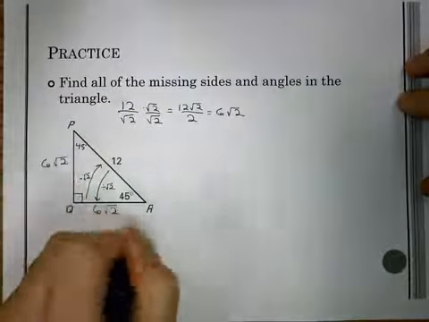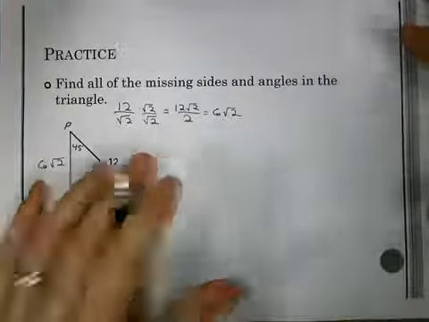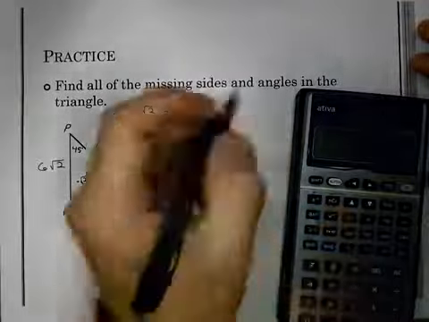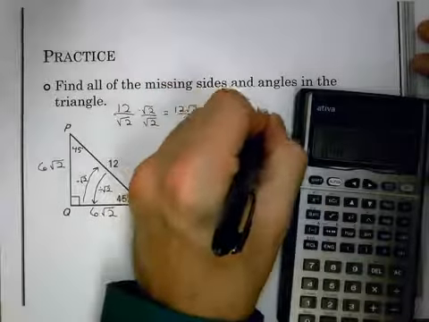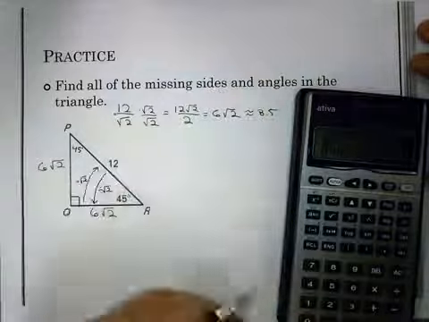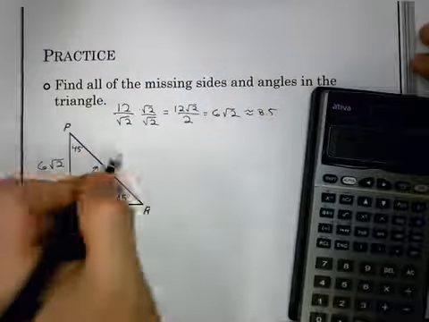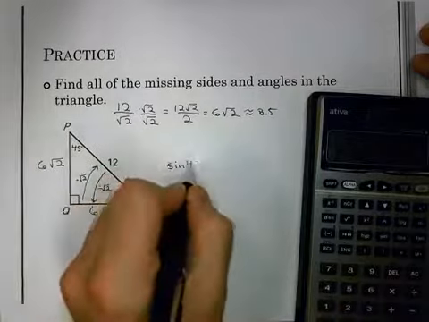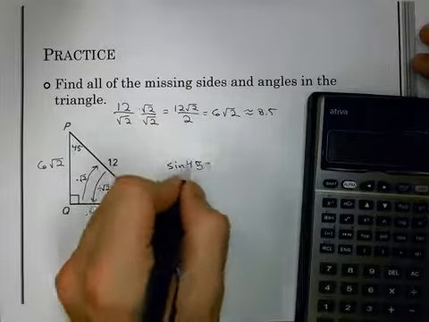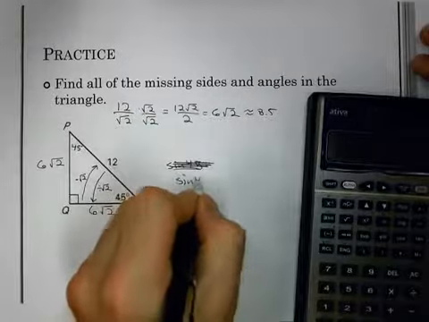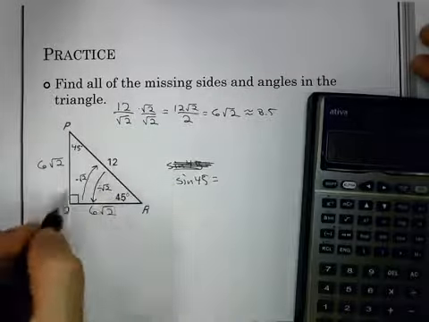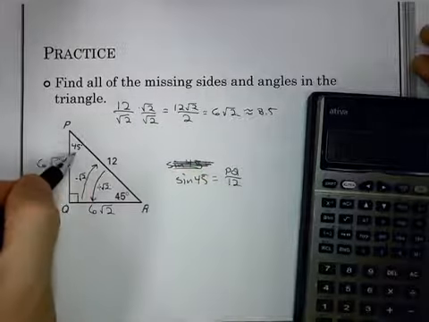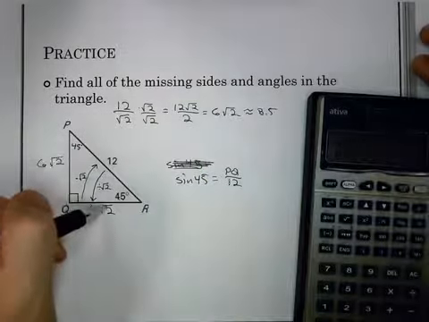Now, let's take a minute and realize maybe we didn't notice this. So, let's write 6 root 2 as a decimal. It's about 8.5. So we're going to say we didn't notice this, and we went back to our trig ratios. So if I took 45 and said sine of 45 equals PQ over 12, and I could have done sine of this 45 for that one, or I could have done cosine, but let's just pick this one.